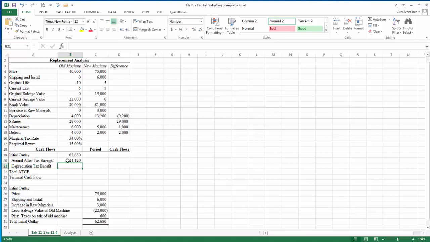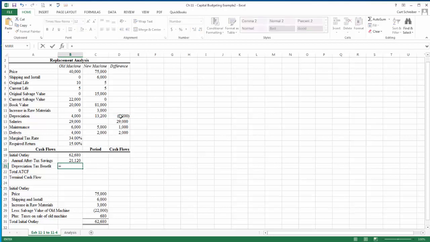Okay, in addition to that, we will have a tax benefit. We're going to have an additional $9,200 worth of expenses every year. However, that will save us in the amount of taxes that we pay. This isn't cash out, but what will be cash out, or how much we're saving, is 34% of this amount.